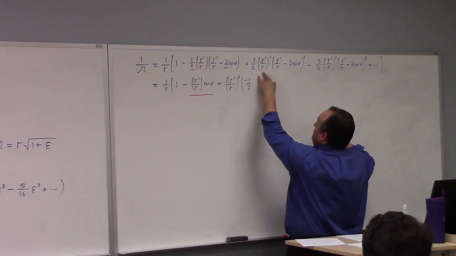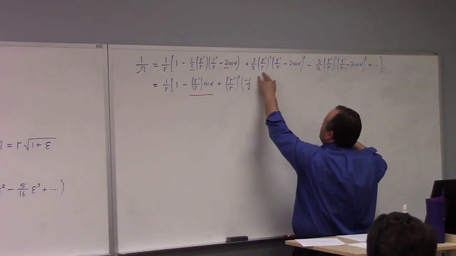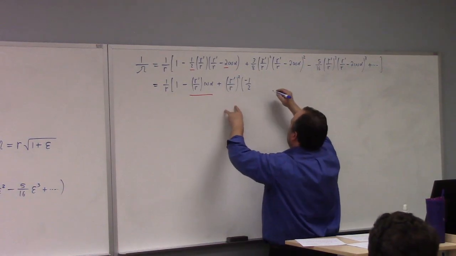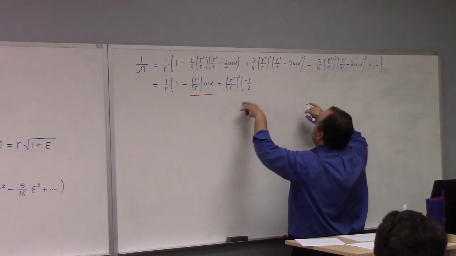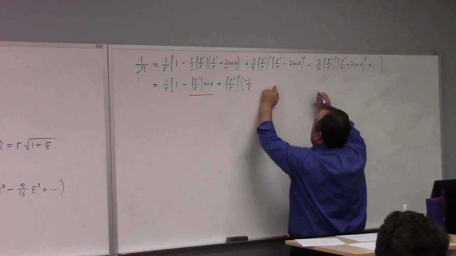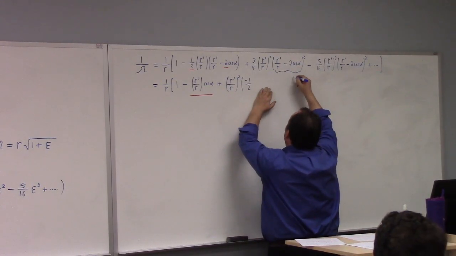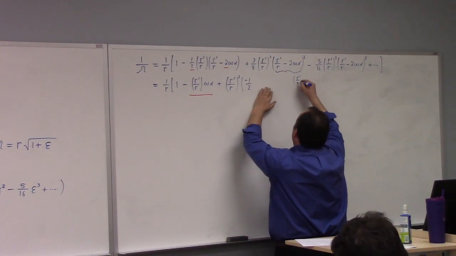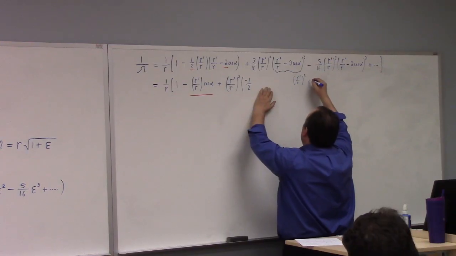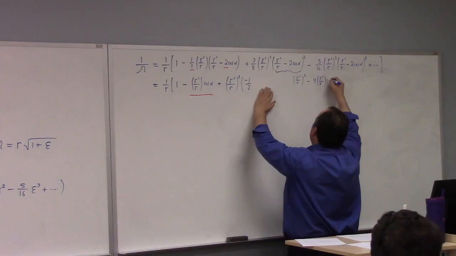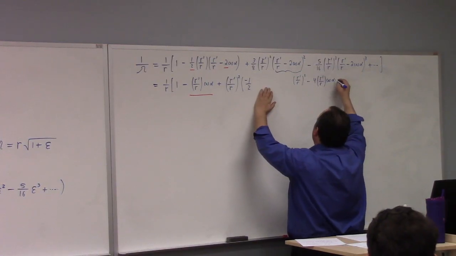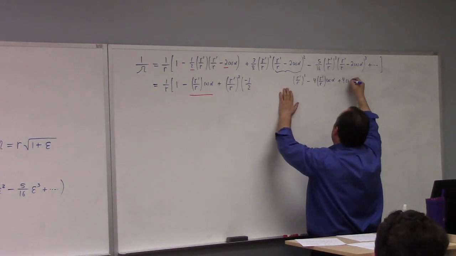And yes, we've got 6/8? Should be 12/8. Oh, I got to square this though, right? Be careful. This squares to what? r prime over r squared minus 4 r prime over r cosine alpha plus 4 cosine squared.